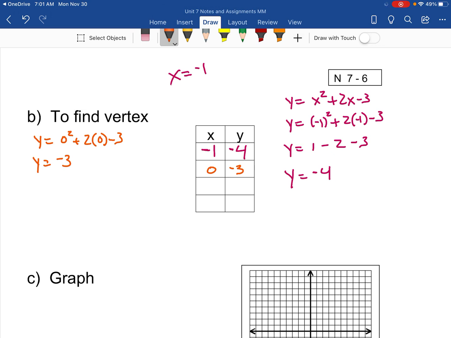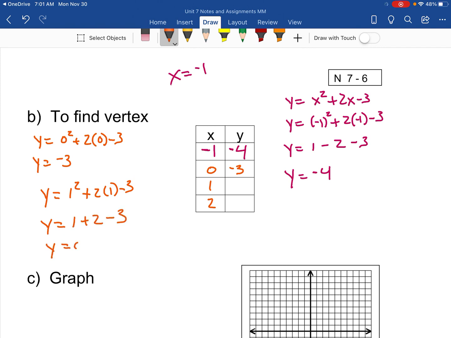Then I need a couple of other points. I'm just going to do when x is 1 and when x is 2. You could use your calculator; I'm just going to show you quickly by hand. You could plug 1 squared plus 2 times 1 minus 3 into your calculator, and it would give you the answer.